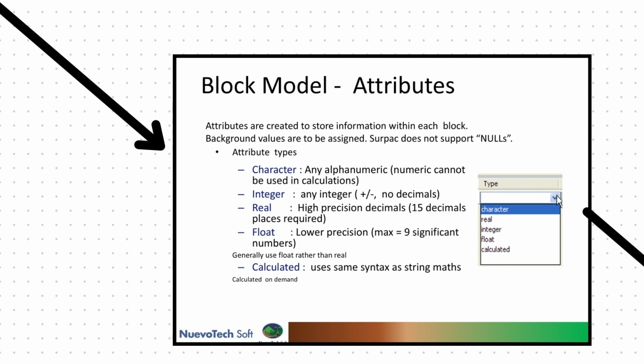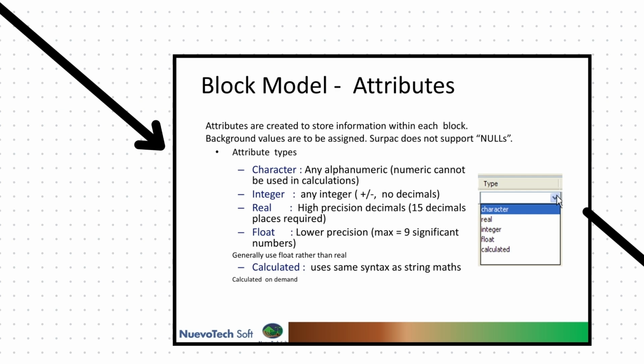Each block has attribute fields like grade, ore type, and density. Surpac supports several data types. For example, you can have character fields like rock type names, integers like the rock code and domain IDs, and numeric values like the grade and density, or calculated fields, of course. In practice, numeric properties like gold grams per ton or copper percentage are stored as floats with enough precision.